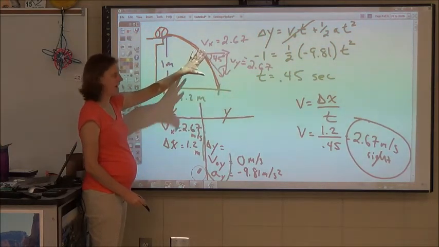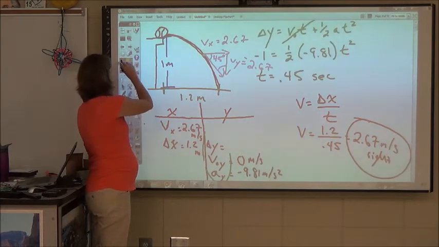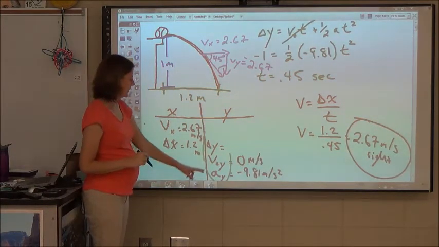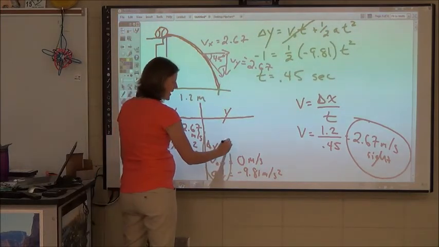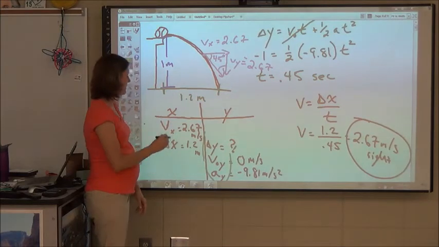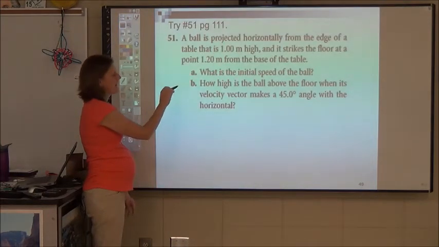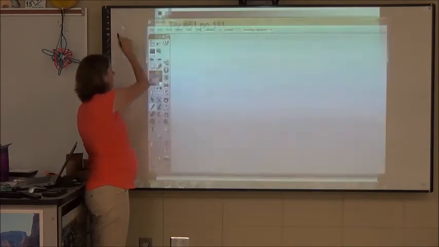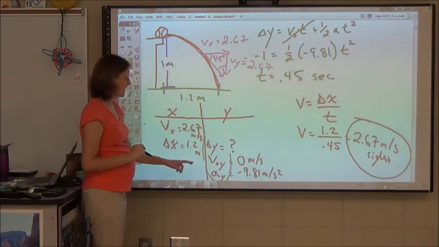Maybe it's exactly halfway, but unlikely here with an accelerated situation. Okay, so delta y is actually the question. And in fact, it says how high above the floor is it. So we're going to have to come back and think about what that really is meaning.